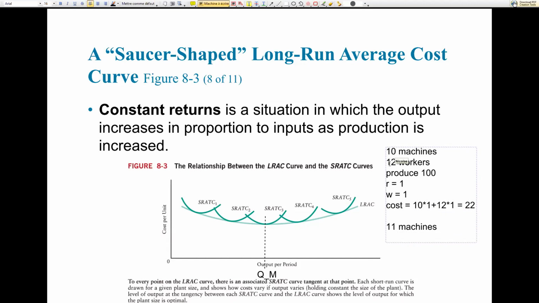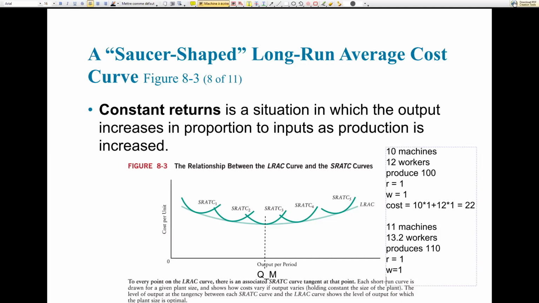I increase by 10% the number of workers. So 12 plus 1.2, so that's 13.2 workers, if you imagine that you can have a fractional number of workers, R equals 1, W equals 1 again, and it produces 10% more, so 110.